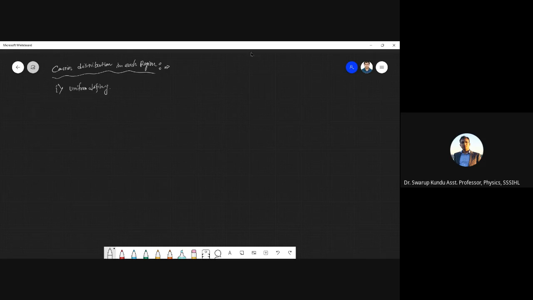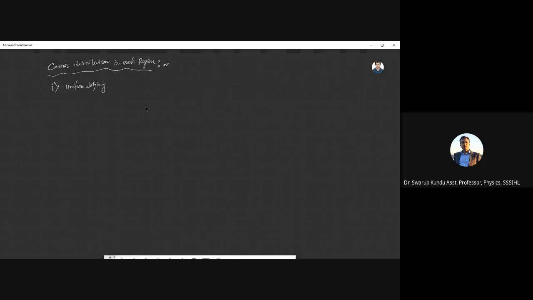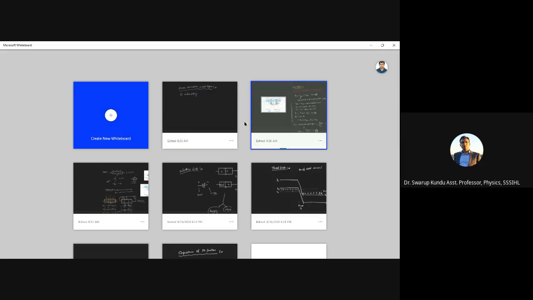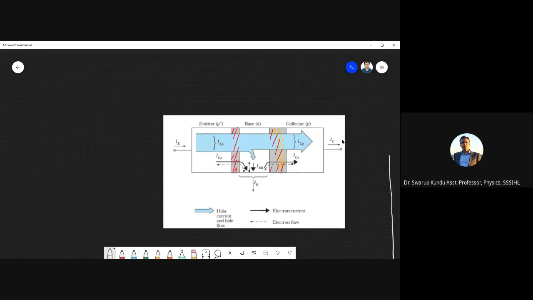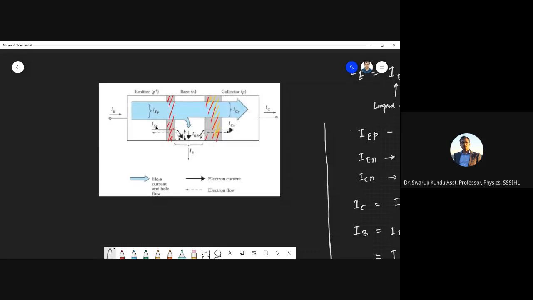See, in the last derivation, if you notice carefully, let me go back. Here we have considered everything: injection of holes, injection of electrons, and then hole diffusion, electron diffusion.